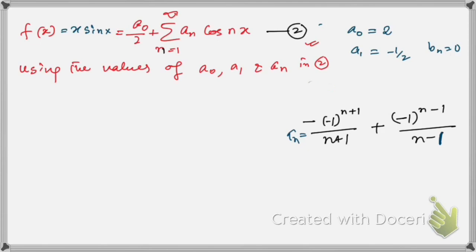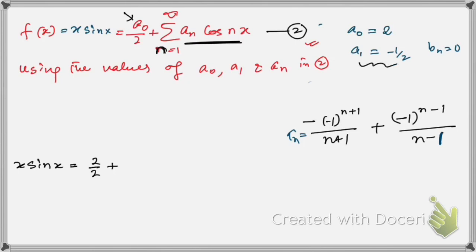Here you can see this is a naught by 2, so x sine x is equal to, a naught is 2, so here we're going to have 2 by 2, right? Then for n is equal to 1, we're going to have its value.